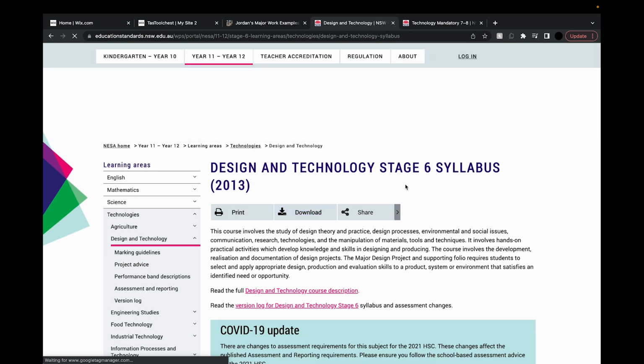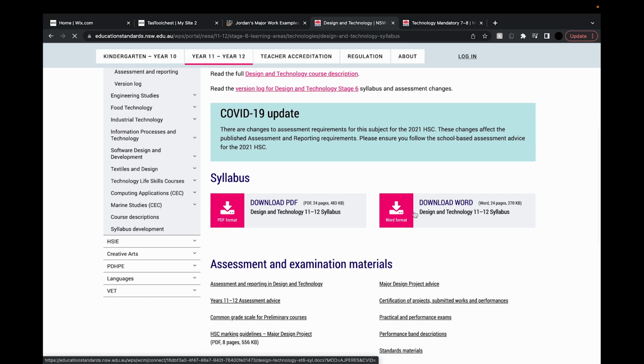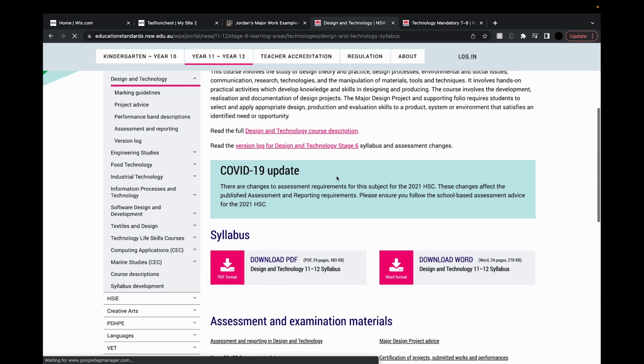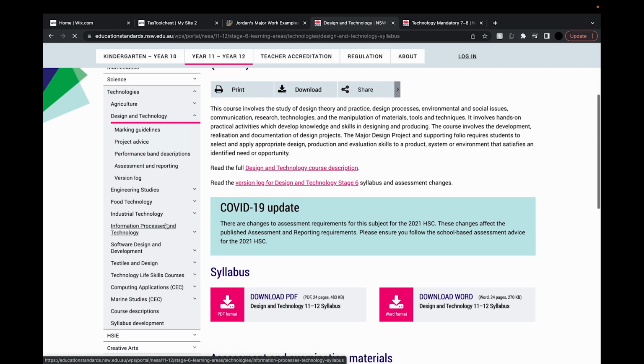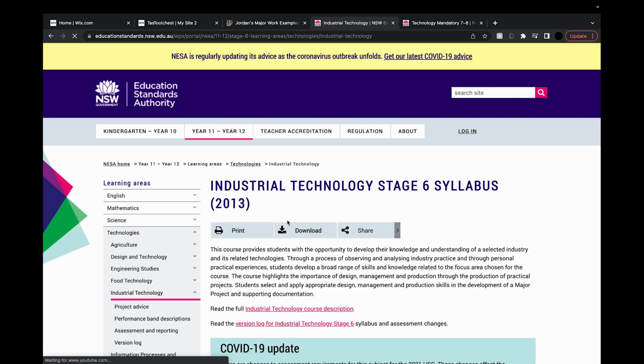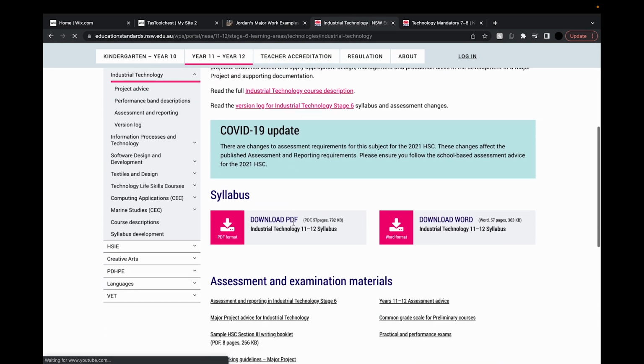This is where the design and technology stage 6 syllabus is located. So you can download the PDF or the Word doc there, which I've already done and we'll go through in a minute. And also my second teaching area, my second major, is the industrial technology stage 6 syllabus.